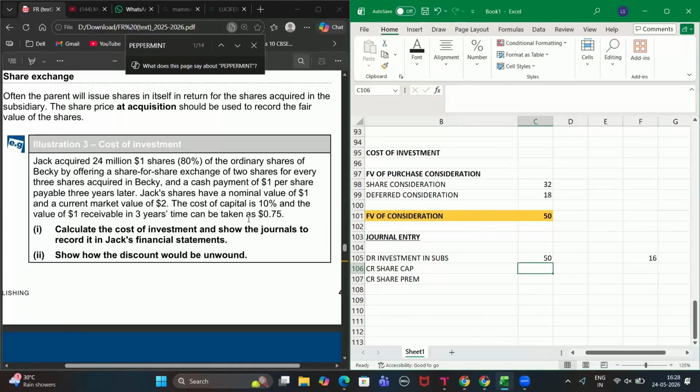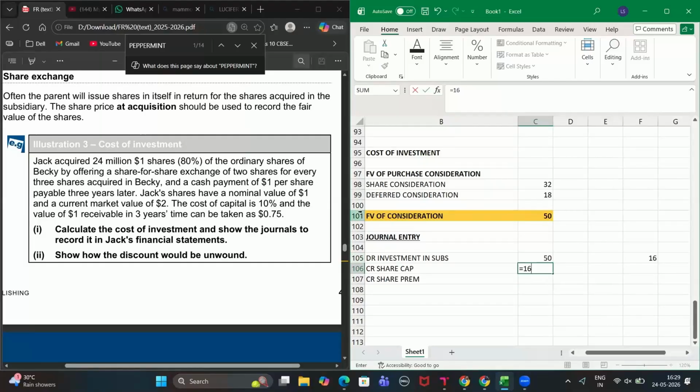We issued 16 million shares. So how do we calculate share capital? Exactly, 16 million shares issued multiplied by the nominal value.